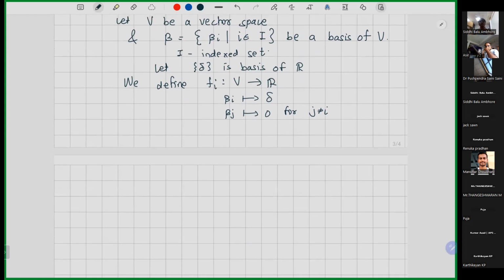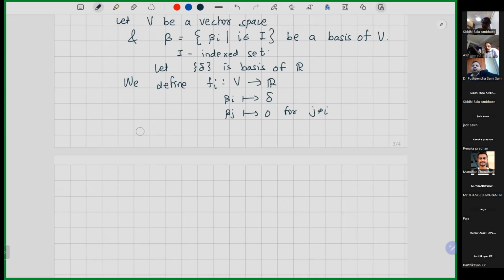So this is a linear functional. We can check this: when I add two elements, V1 plus V2, we can write V1 and V2 in terms of the beta_i's, with some coefficients. If beta_i is there, it will have the coefficient of that beta_i, and the rest will go to 0, and so on.